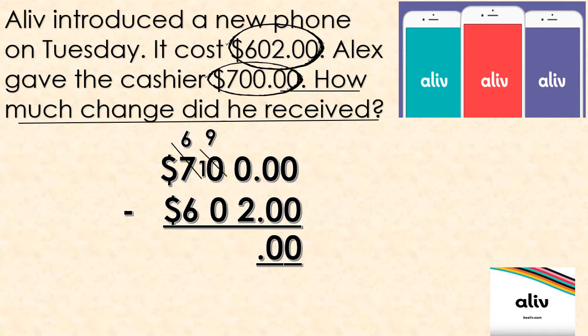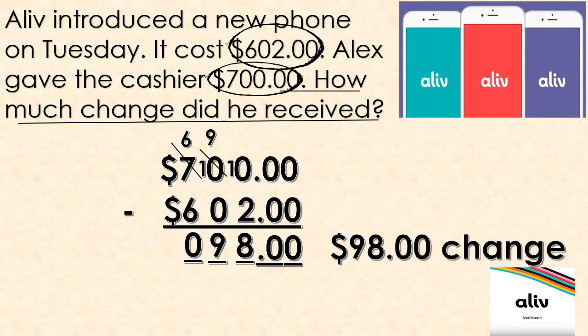Go back to our ones column, and now you have 10 ones. 2 ones from 10 ones leaves 8 ones. 0 tens from 9 tens leaves 9 tens. 600s from 600s leaves 0 hundreds. So we know that Alex received $98 in change.